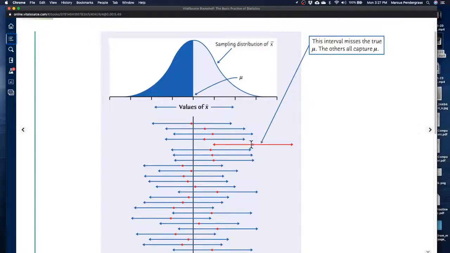Now occasionally, even in the best of circumstances, you'll get an x bar out here in the tail of the sampling distribution, and the margin of error, although correctly sized, is just not going to do the job because that x bar is so far out in the tail that the confidence interval is not going to contain the true mean. That's just a fact of life.